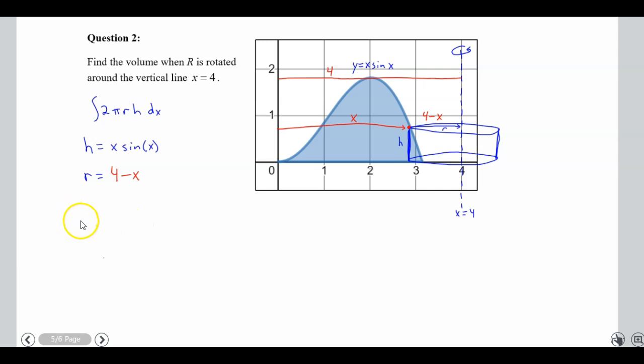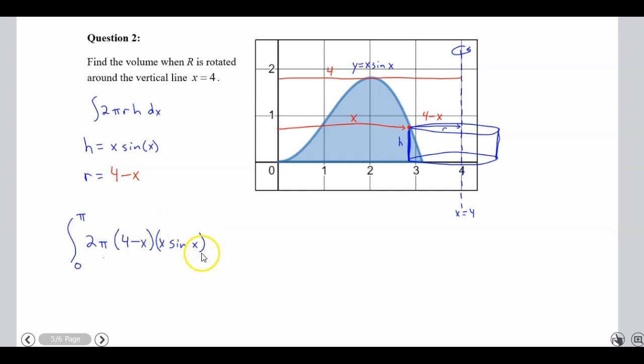Alright, last thing is compute the integral out. So we'll just set up, we got the integral from 0 to pi again for those rectangles. And we got the 2 pi r. R this time is 4 minus x. And the last one, the h, x sine x.